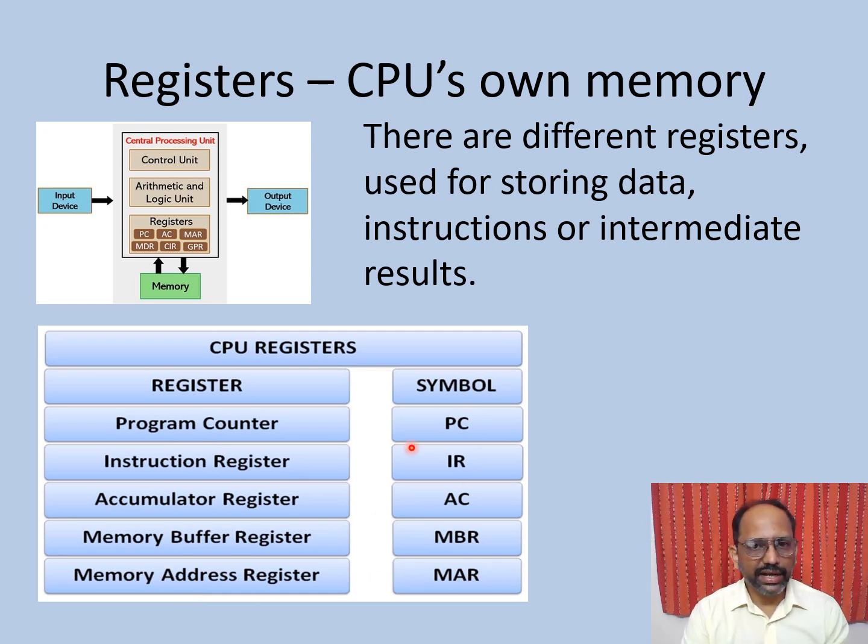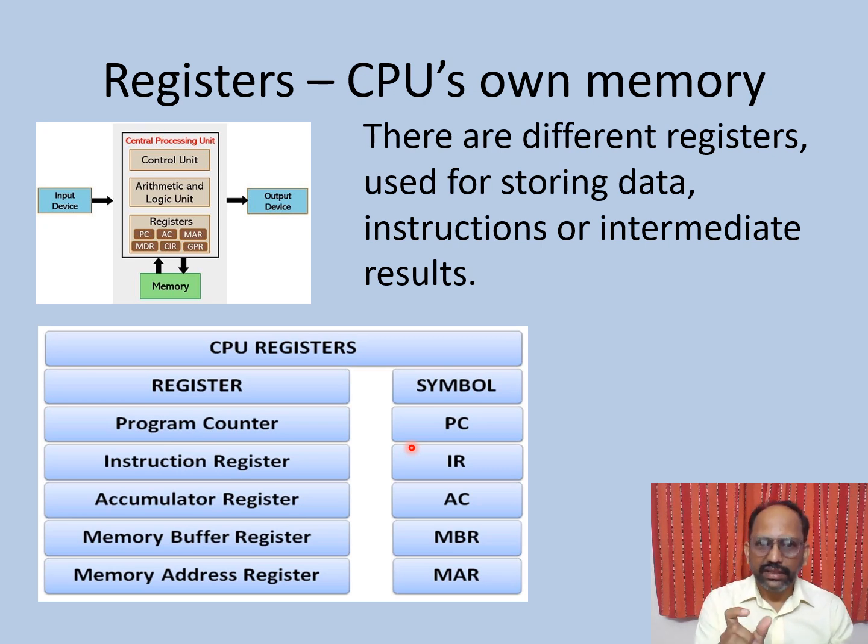These are the different kinds of registers present inside the CPU and stores different kind of data and instructions. The registers are very small in size, limited in numbers, but it is the fastest memory in the computer.